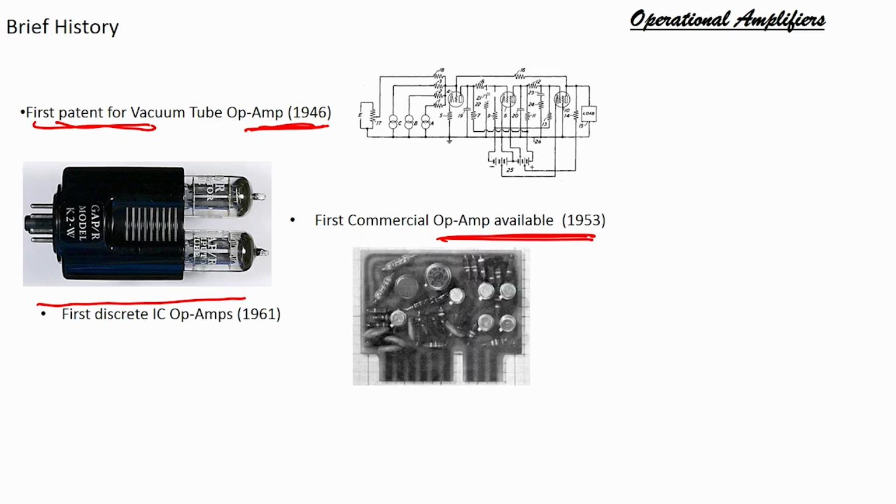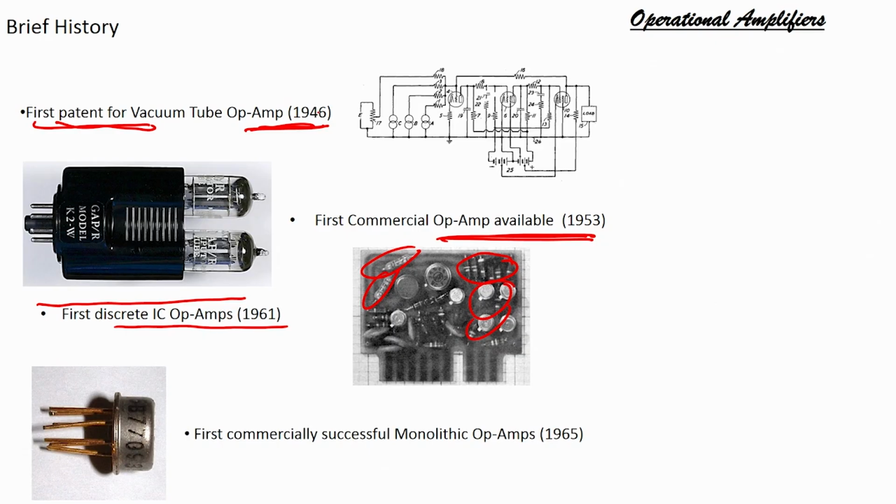Now, if we move further, then discrete IC based op amps. In 1961, you see discrete IC, you can see here some resistors, you can see other components, you can see here some transistors. So, discrete IC based op amps were first invented in 1961. Okay. So, we started from 1946, we reached 1961.